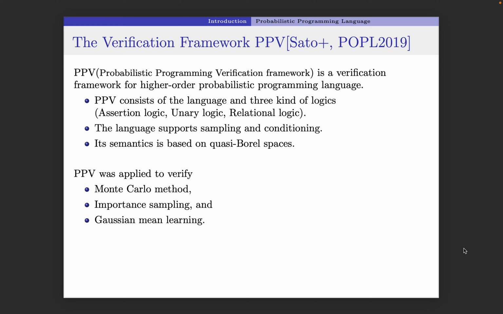And the language supports sampling and conditioning. And its semantics is based on quasi-Borel spaces. PPV is applied to verify, for example, properties of Monte Carlo method, importance sampling, and Gaussian mean learning.